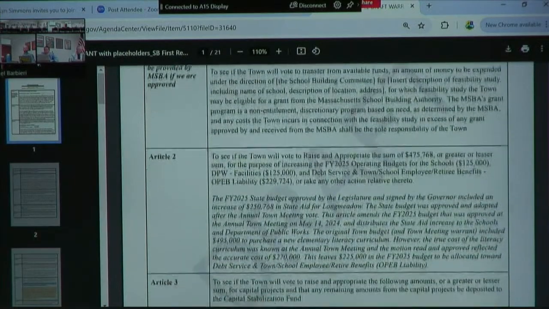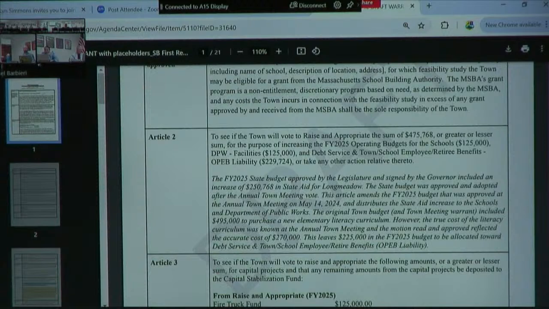And Lynn, did you have any articles that you wanted us to look at? I'm not going to go through each single article, but number 2, we had previously had conversations about an amendment to the budget and how that's not something that maybe had been done in the past. And so this article is doing that. It's accounting for the increase in state aid and accounting for, if you recall, when you approved the budget, we had that meeting where we made all those changes so we could fund the feasibility study and literacy curriculum.